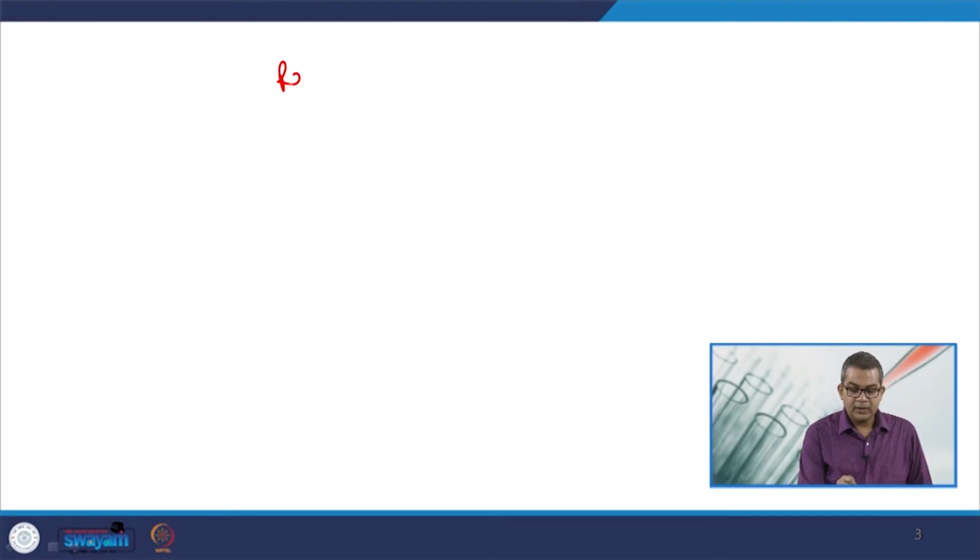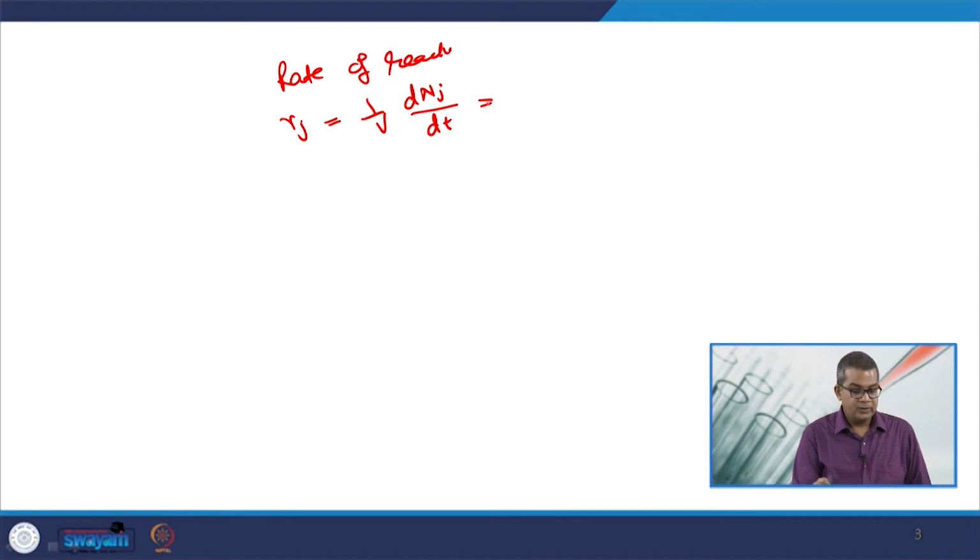Now let us look at the various classifications of rate of reaction. The rate of a reaction can be defined in a number of ways, such as based on unit volume of reacting fluid. This can be represented as the rate of reaction, 1 upon V dNJ dt.